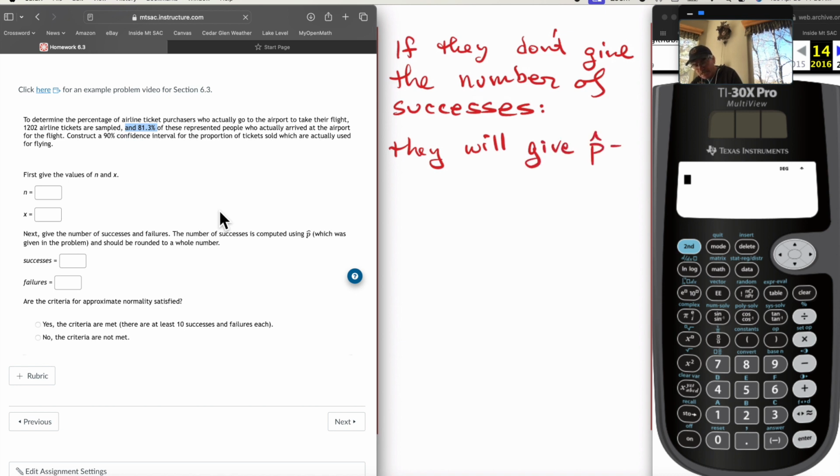And remember, p-hat is x over n. Okay, so here, p-hat, it says 81.3% of the sample showed up to take their flight, so that's 0.813. 81.3% of how many? 1,202. Okay, so the number of people that showed up is the number of successes.